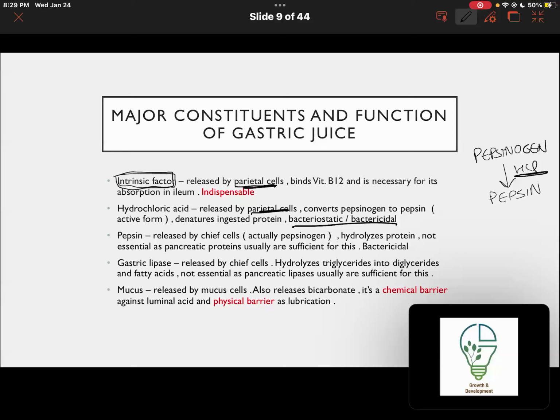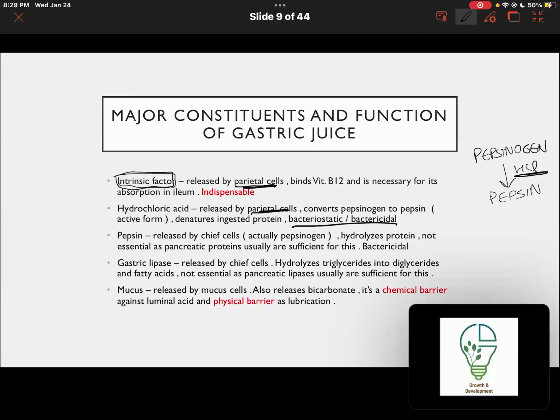And we also have protein. The pepsin also hydrolyzes protein. It's not as essential as pancreatic proteases because those are generally stronger than pepsin.